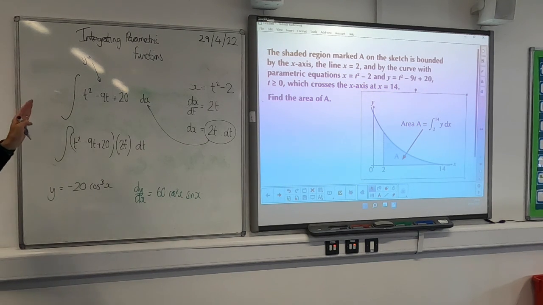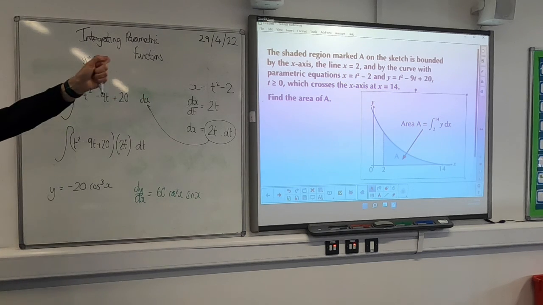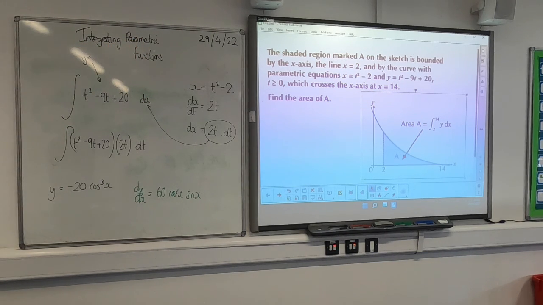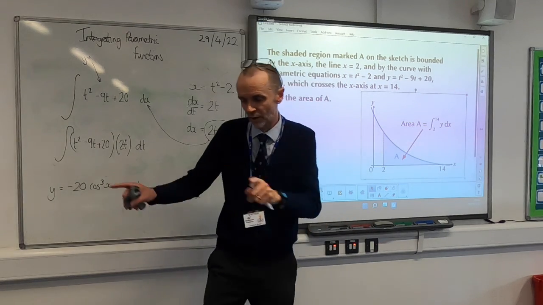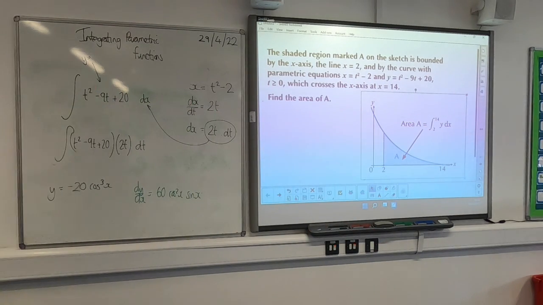So the y equals function just whacks straight into the integration expression. The x equals function we use to deal with this problem. That's a problem because y equals is given to us in terms of t, and we want it in terms of x.